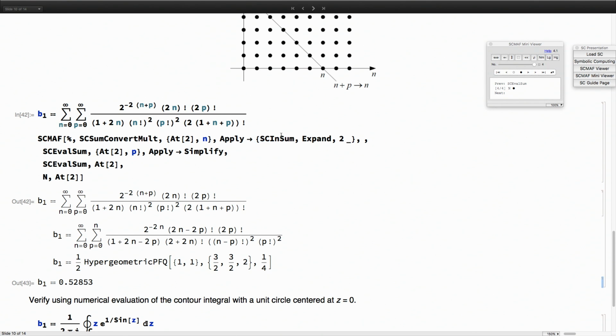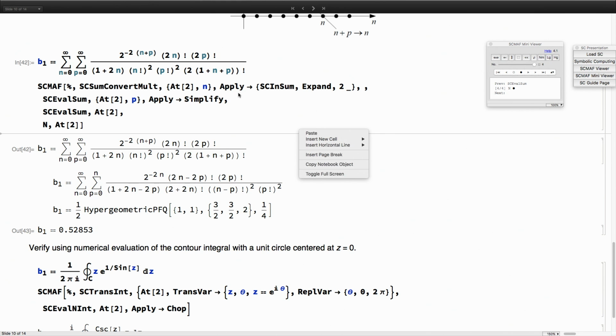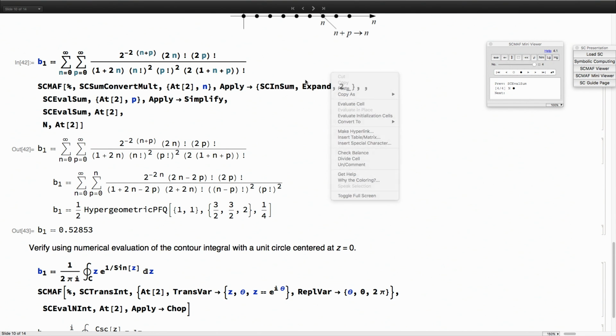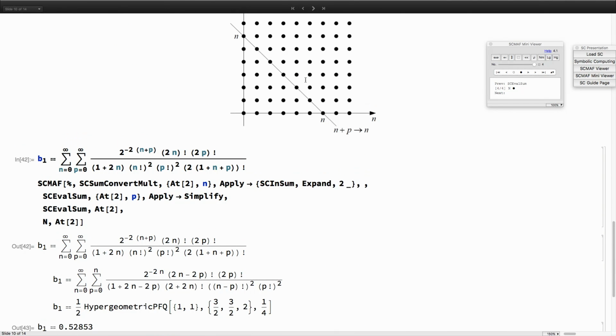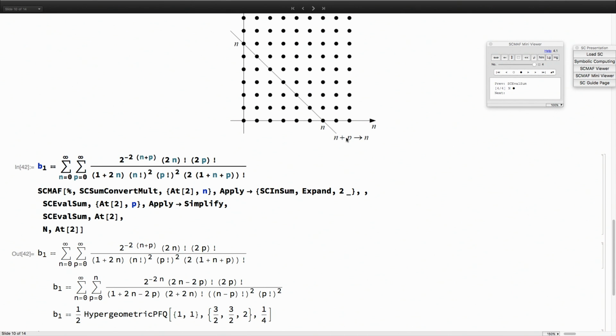But if you convert it using this rule, n plus p is changed to n. And then n ranges from 0 to infinity, but p ranges from 0 to n. So this is a finite sum.